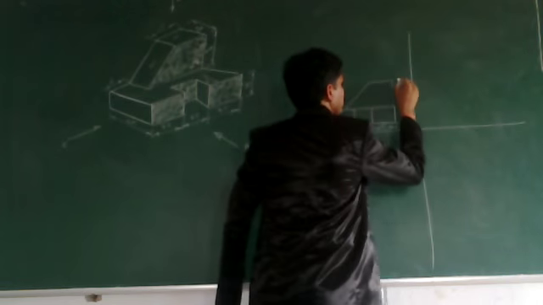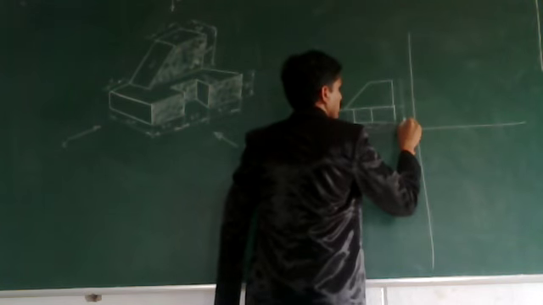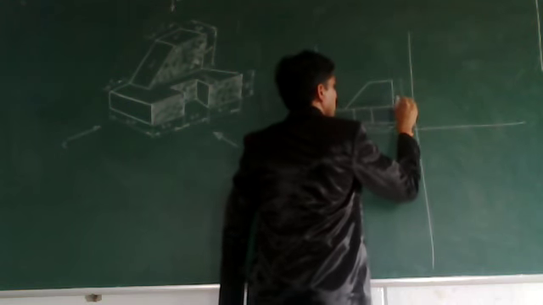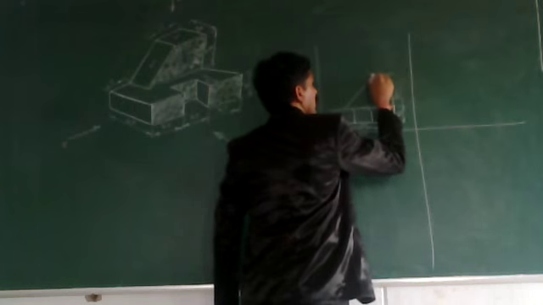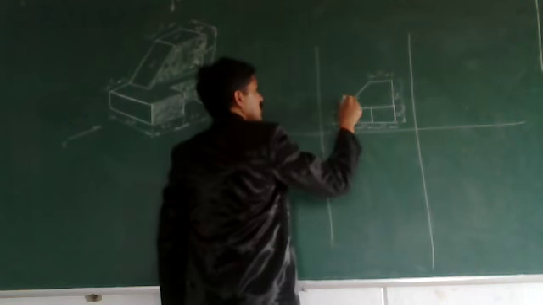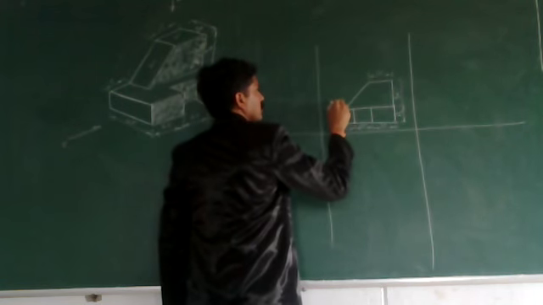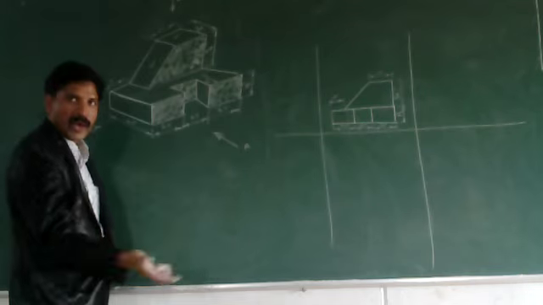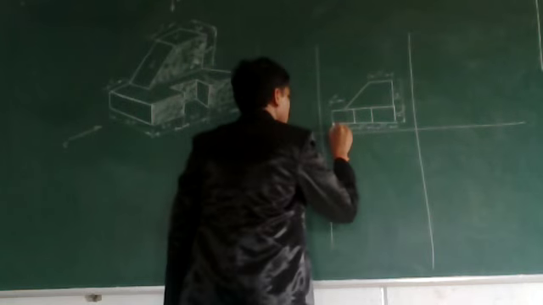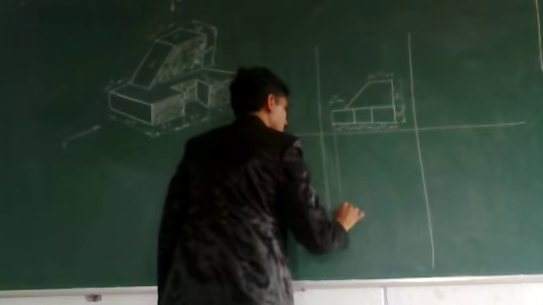See. So this is 15, and this is 30, and this is 15, and this space is 15. Simply project all the corner points towards the below X. You will get the top. Very easy. See this one.